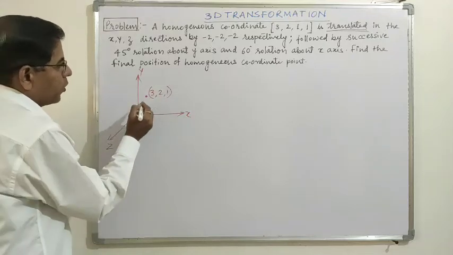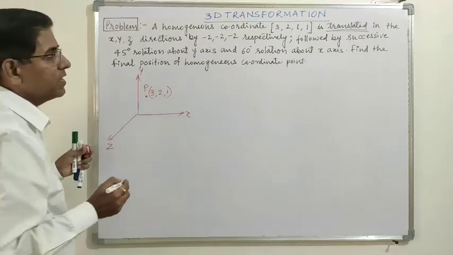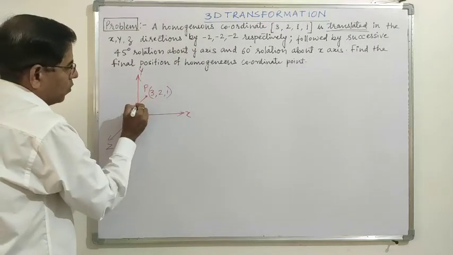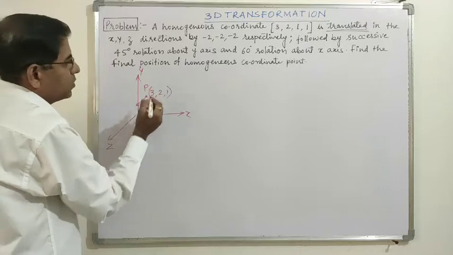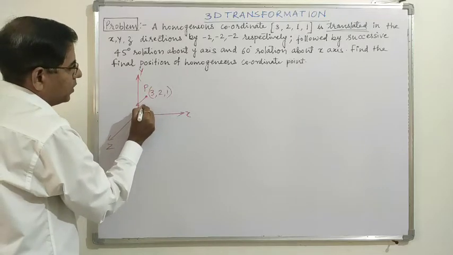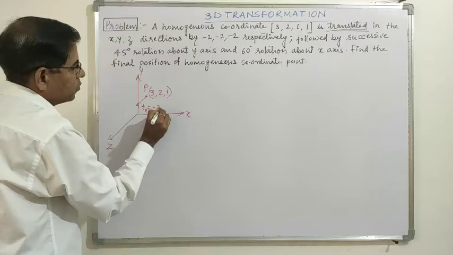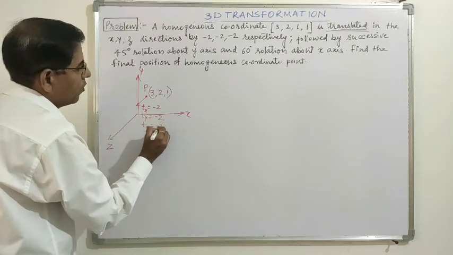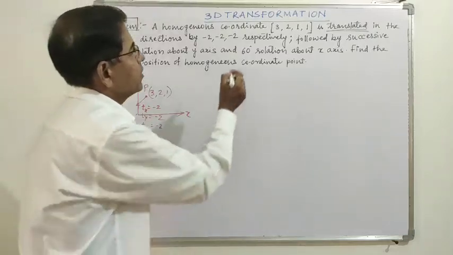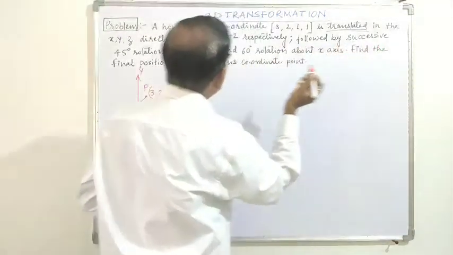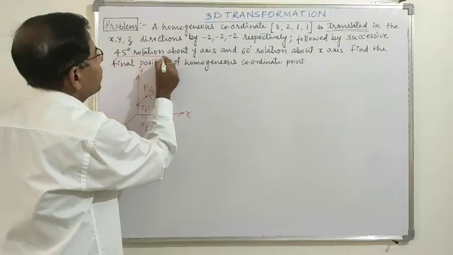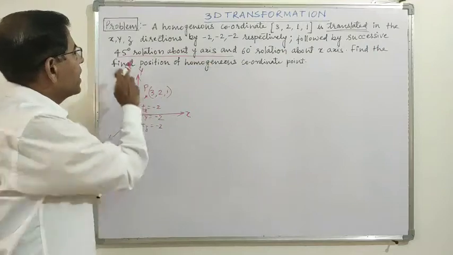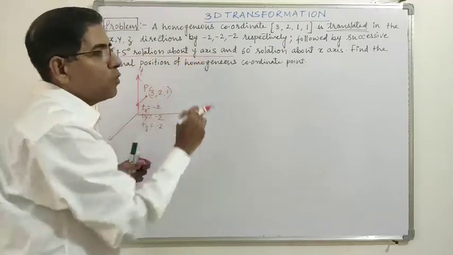Okay, this is a point, say P. It is translated to a new position by Tx equal to -2, Ty equal to -2, and Tz equal to -2 respectively, followed by successive 45-degree rotation about y-axis. Then the point is rotated by angle 45 degree about y-axis.